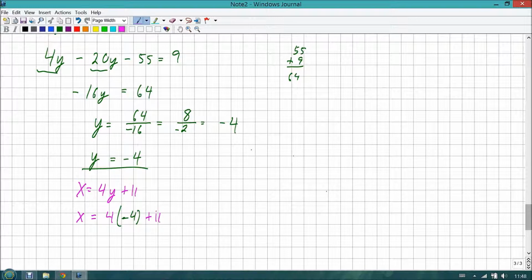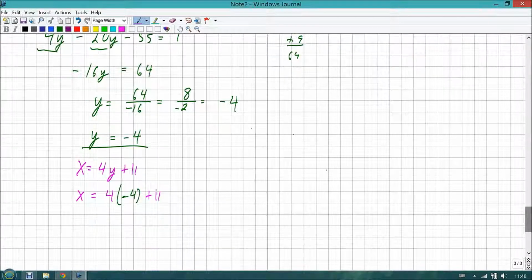So 4 times -4 is negative 16. So we have x is equal to negative 16 plus 11. x is equal to negative 5. Which gives us our final coordinate point for our solution at (-5, -4).